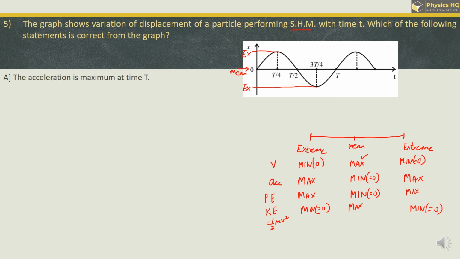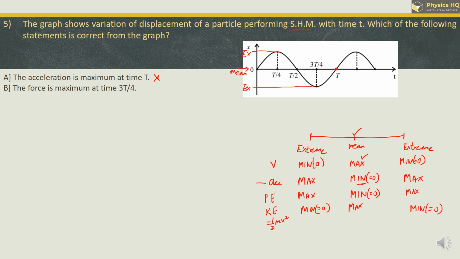The first option is acceleration is maximum at time t. So when we look at time t, the particle is at mean position, and at mean position acceleration is minimum or 0. So this statement is incorrect. Let us go to the next statement. The force is maximum at time 3t by 4.